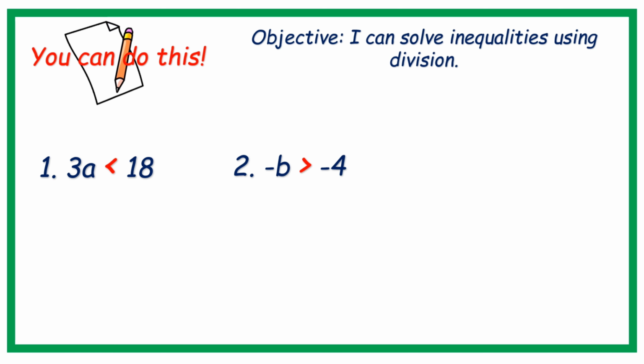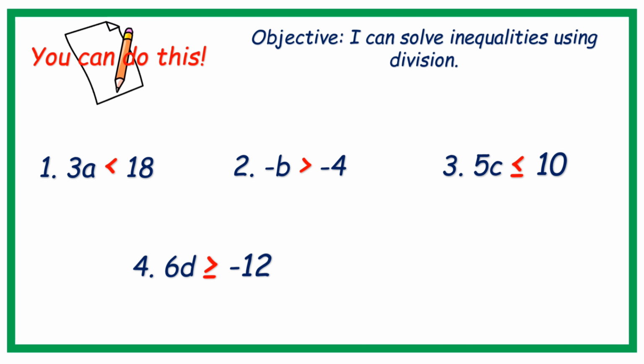Number 2, negative b is greater than negative 4. Number 3, 5c is less than or equal to 10.